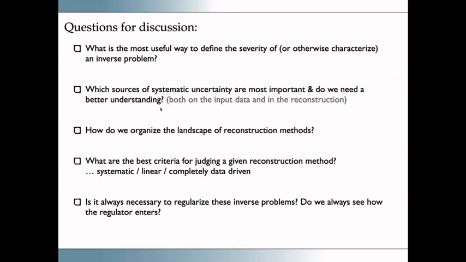So it's always worth thinking about whether there are some clever observables which are still accessible from experiment, but where you have a reduced uncertainty from this inverse problem, or even no uncertainty.